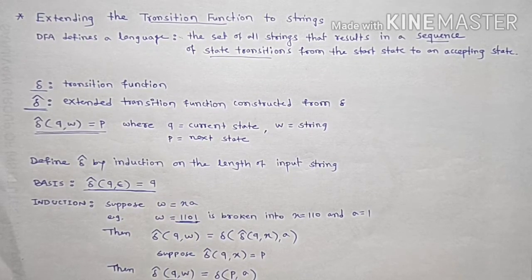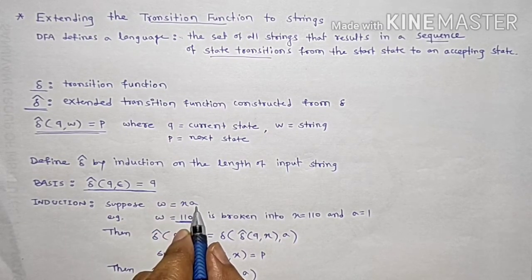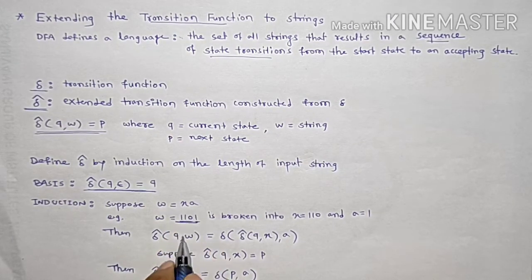Then the extended transition function for the string w is equal to the transition delta of state p on the symbol a, where p is the state resulting from computing the extended transition function from state q on the string x, where x is the prefix of the string w, because we have written w as x followed by a, where x is the prefix of w and a is the last symbol.